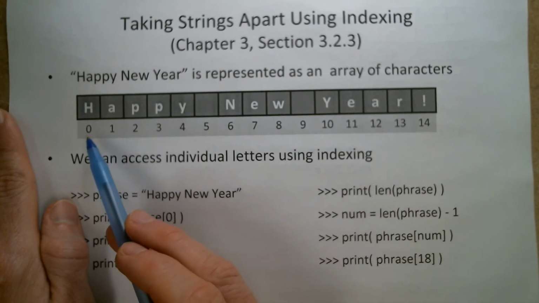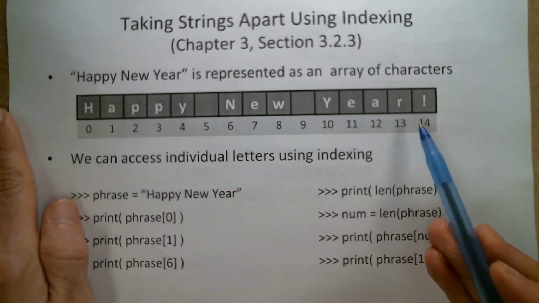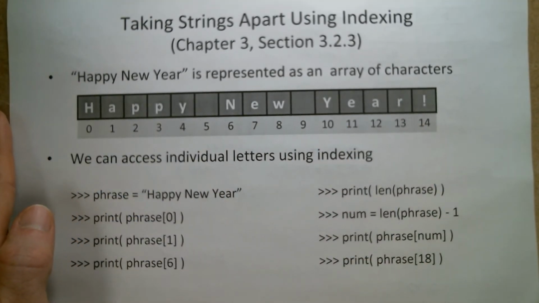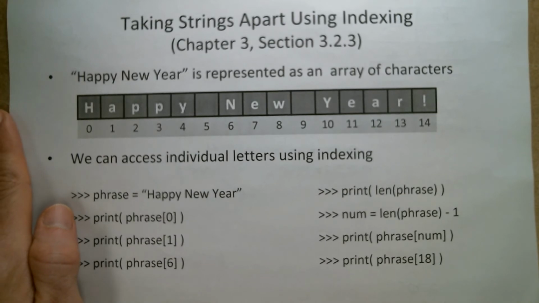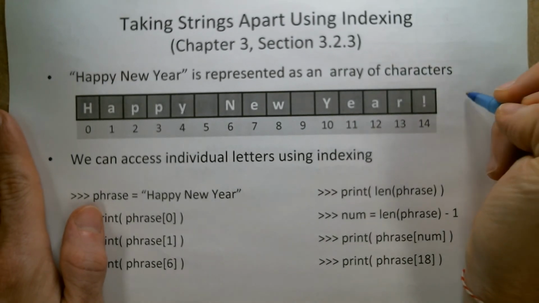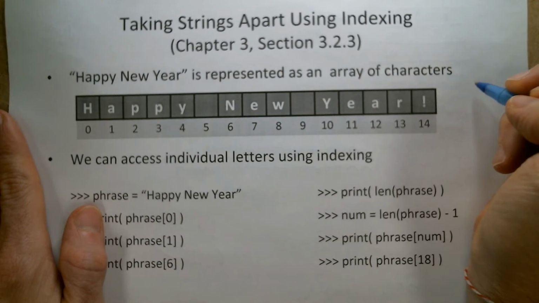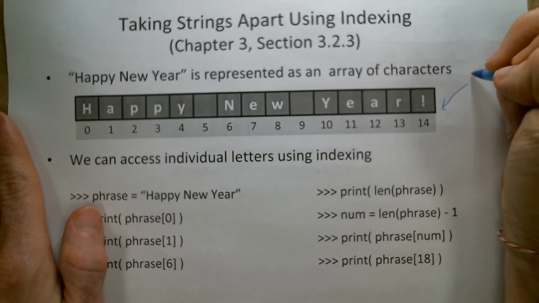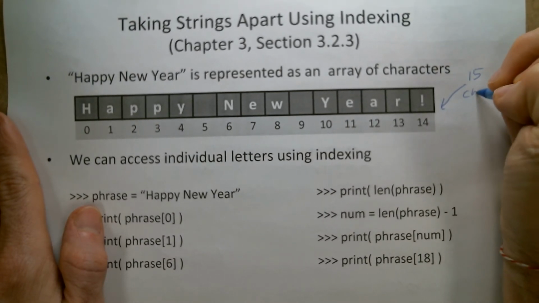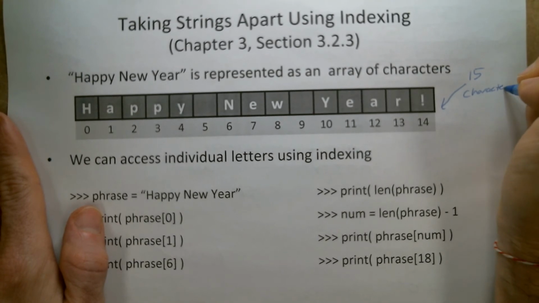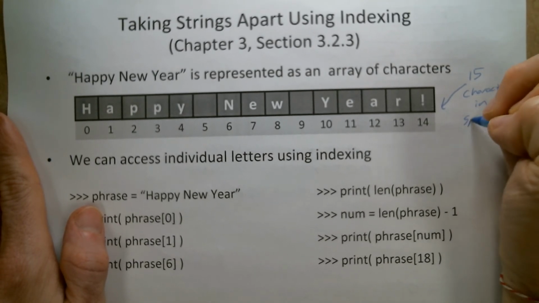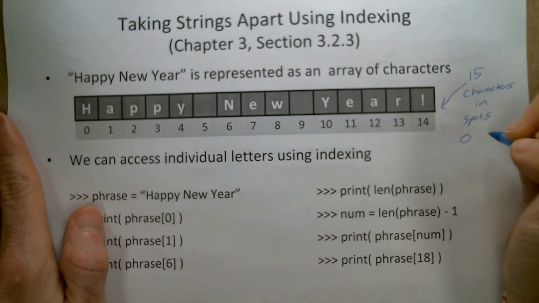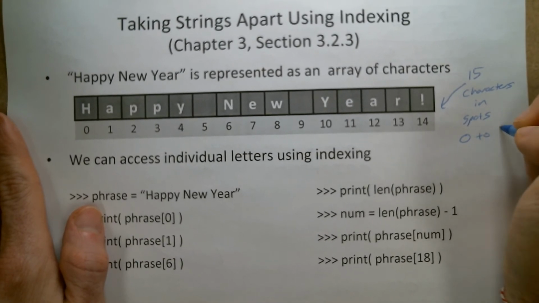So this goes from 0 to 14, which tells us that in total there are 15 characters in spots 0 to 14.